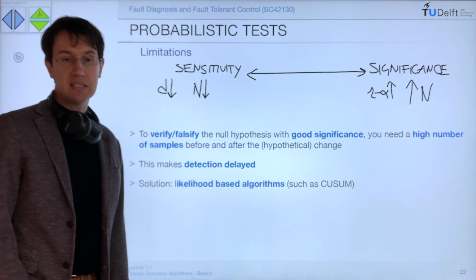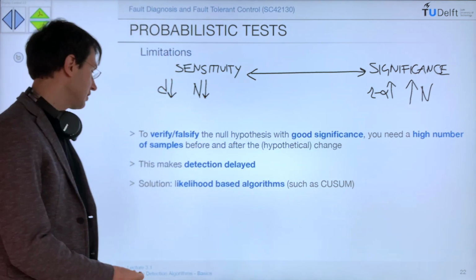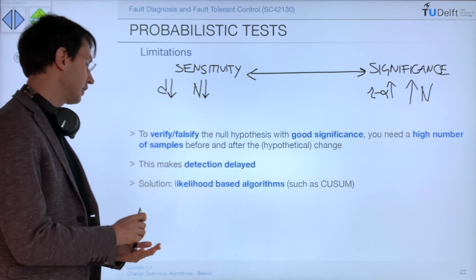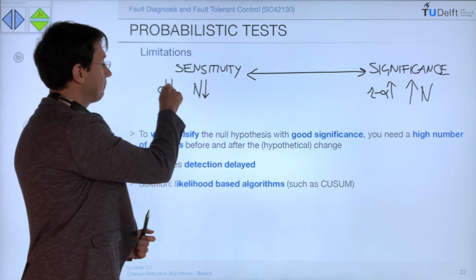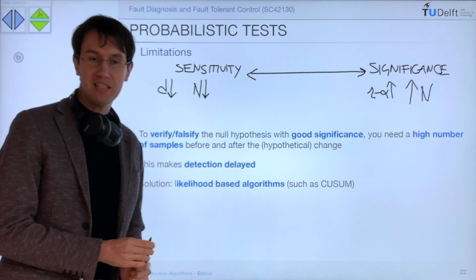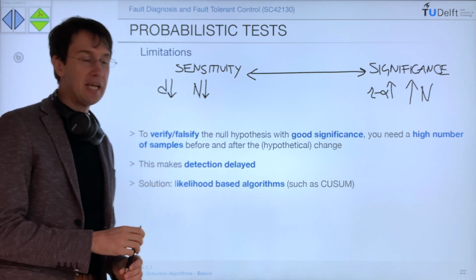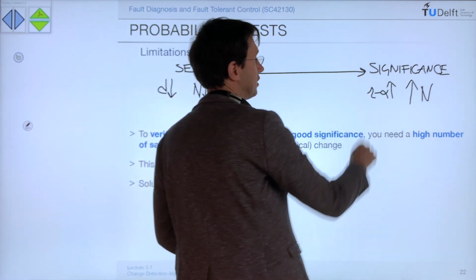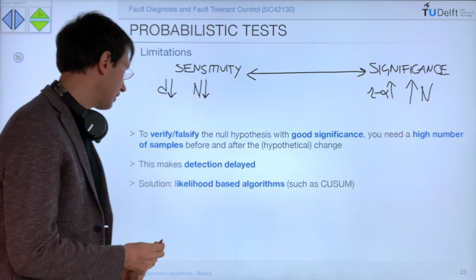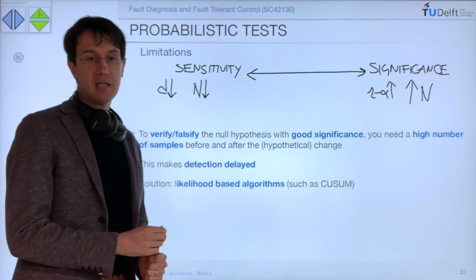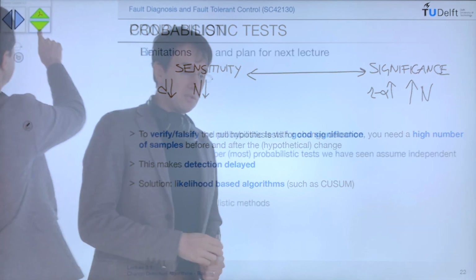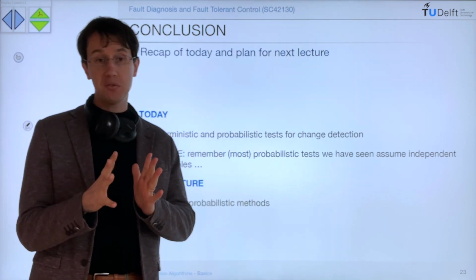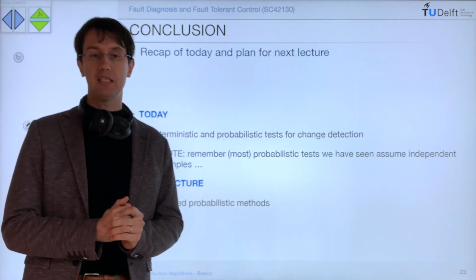Anyway, still there are ways to improve this. So there are algorithms that allow you to get a good sensitivity and a low detection delay without compromising too much on significance. And these are algorithms based on likelihood that we're going to see in the next lecture. So today we have introduced the problem of change detection.